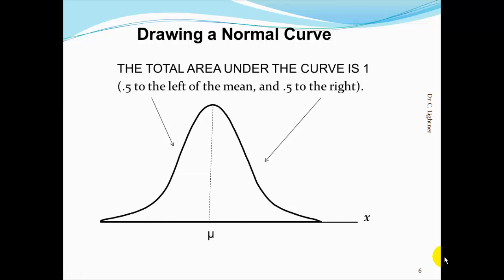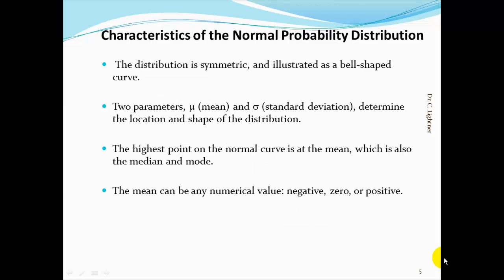Here we see that the normal curve is drawn as a bell-shaped curve. The highest point on the normal curve is at the mean, which is also the median and the mode.